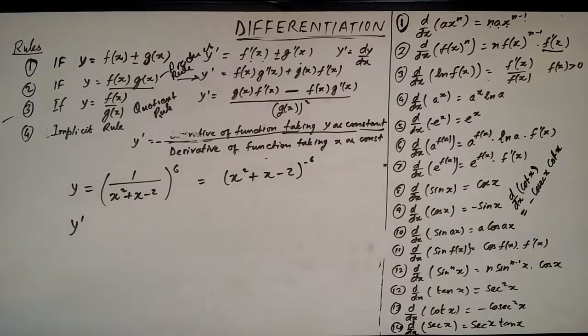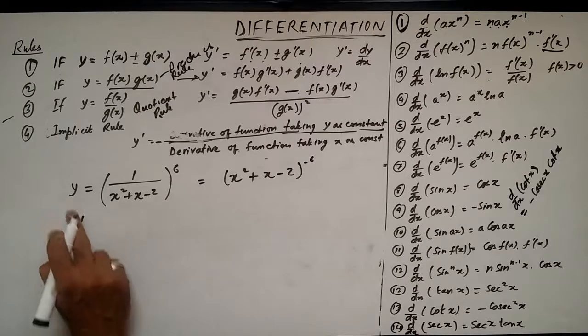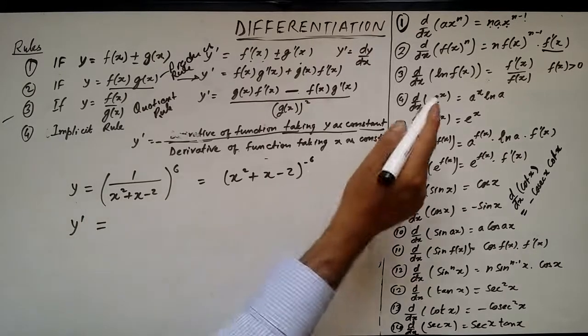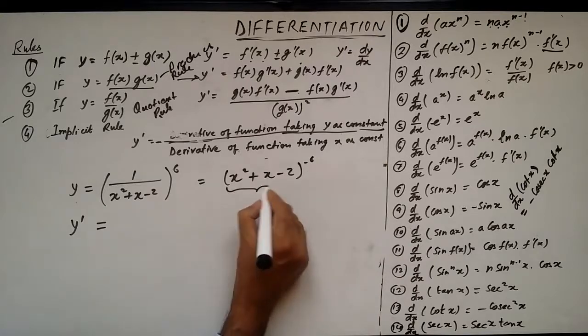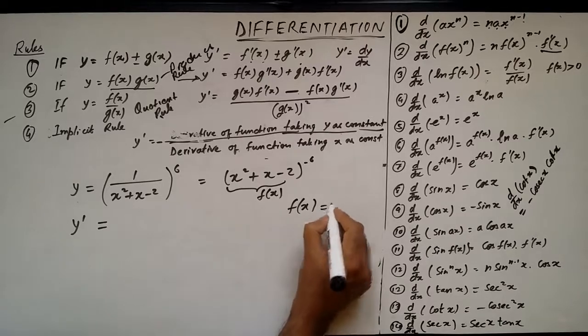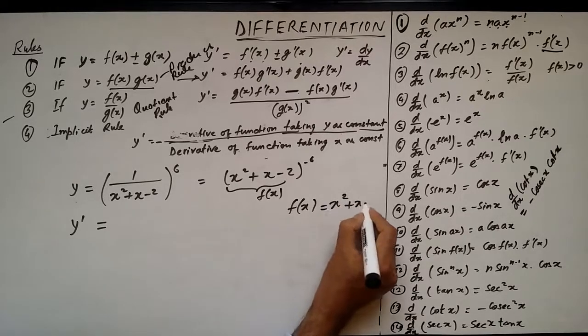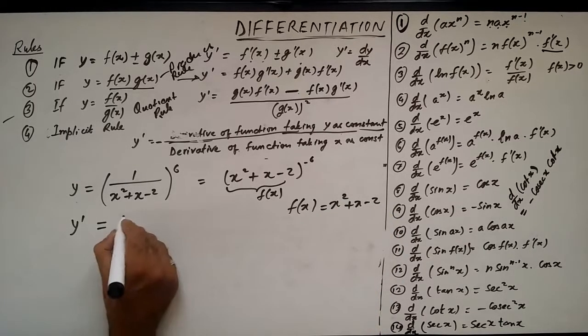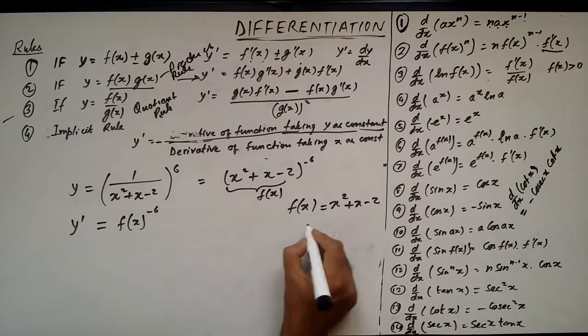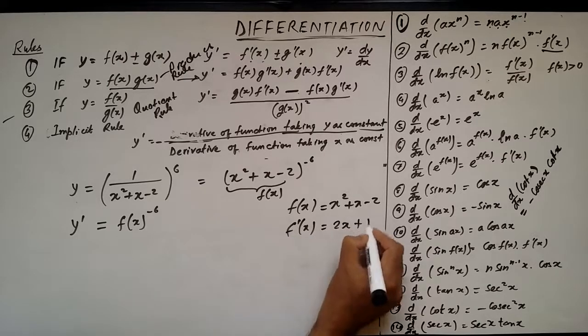If we take the differential of y, that is dy by dx, which is also written as y stroke, again we apply the same formula, taking x squared plus x minus 2 as the function. So this becomes the function of x to the power minus 6, and we know that the differential of this function is 2x plus 1.